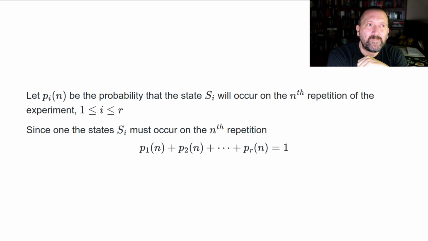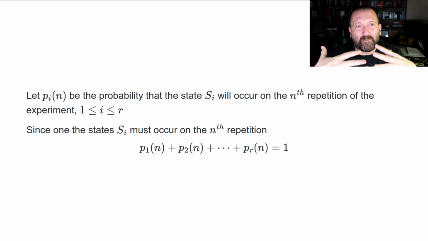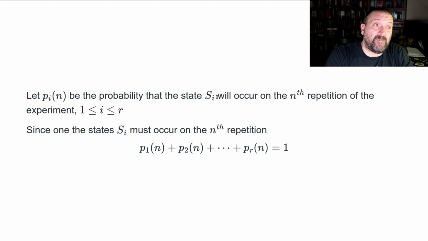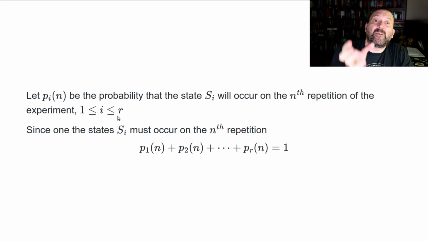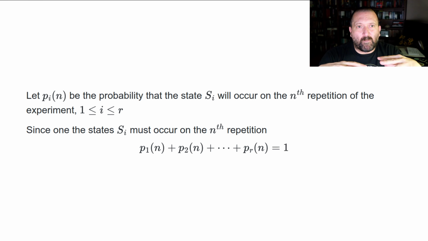But I remind you that the overall idea of a discrete time Markov chain is that you have a bunch of states that we've denoted S_i, and we're looking for some way to describe the evolution of a system with those states. And we denote P_i(n) the probability that a given state i will occur on the nth repetition of whatever experiment we're carrying out, where R is the total number of states. Now, we don't allow for the system not to do anything.